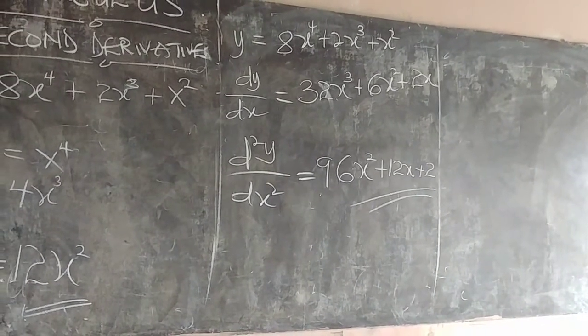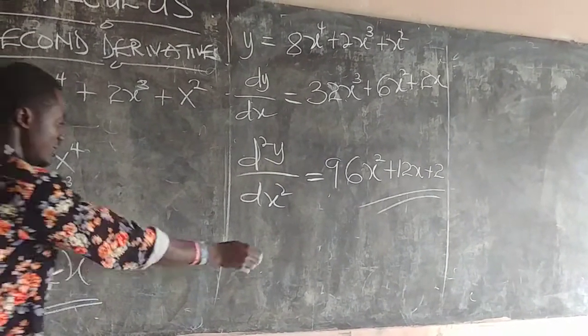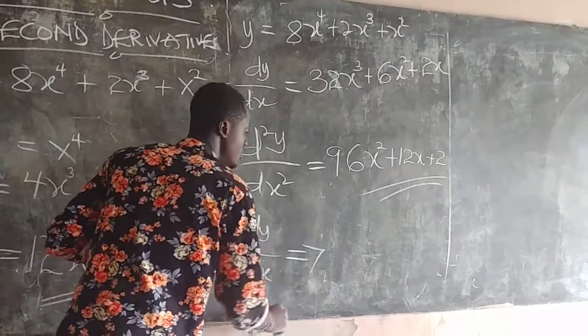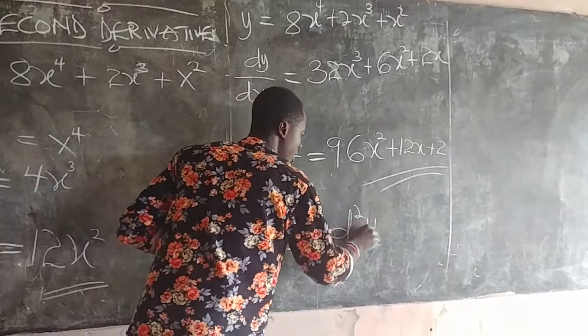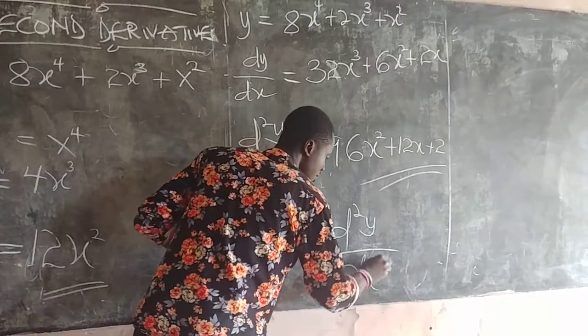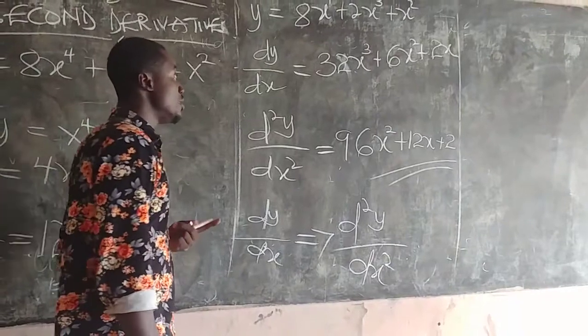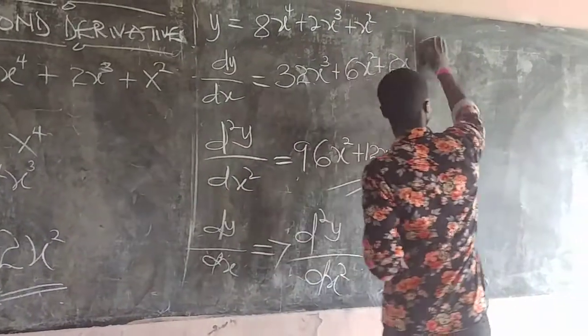So for second derivative, dy/dx is equal to d squared y over dx squared. For second derivative, take note. Try it.